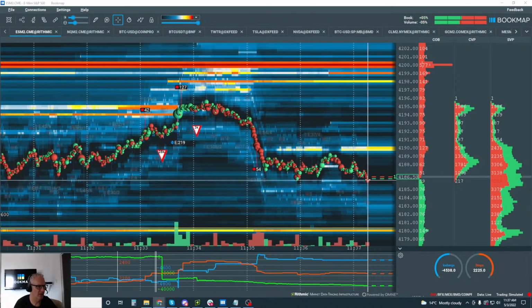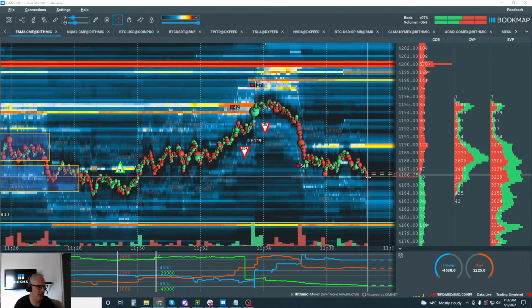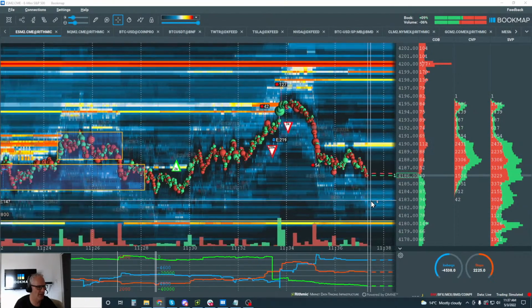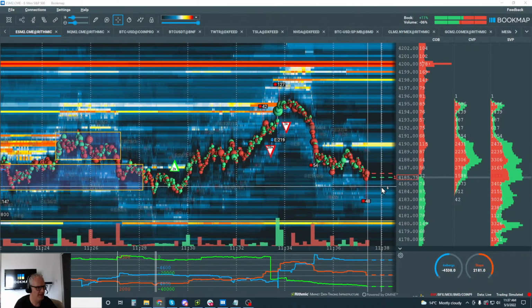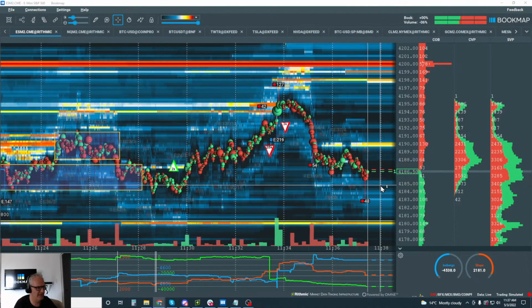All right, here we go. Looking for sellers and looking for them to drop it down to liquidity. Okay, bottom of the range. Yeah, 85 still kind of in there.